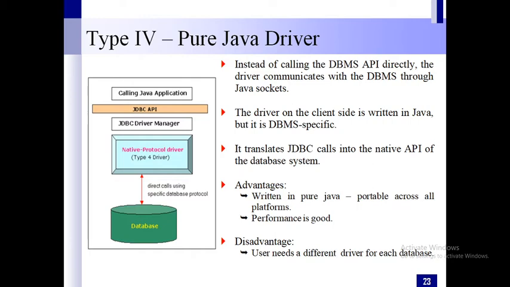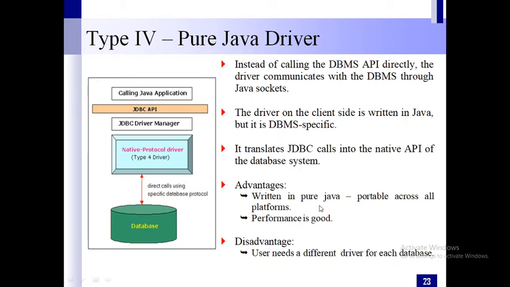Simply it can translate the calls, whatever SQL you have written, so that can be directly converted to the APIs which are specific to your database. So here in the third point it says it translates JDBC calls into the native API of the database system.